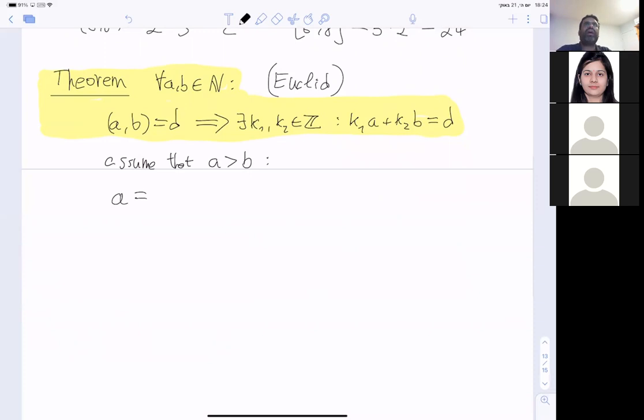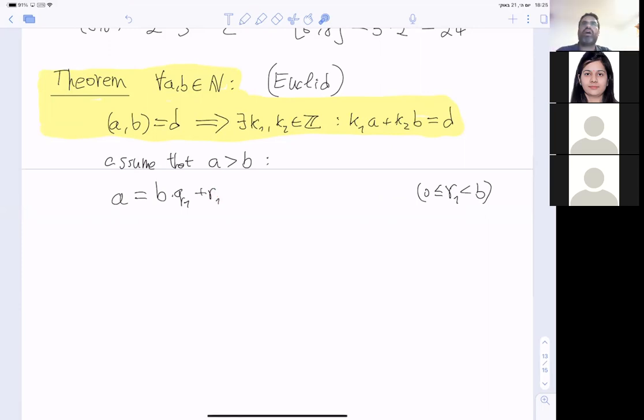So we write A is B times Q1 plus R1, such that we took as many B as we could from A, which means that now R1 is less than B. This is the remainder.